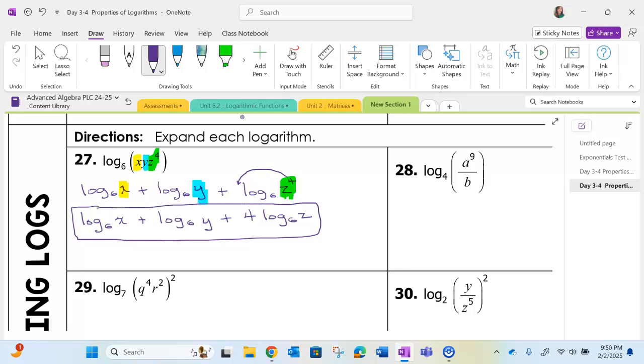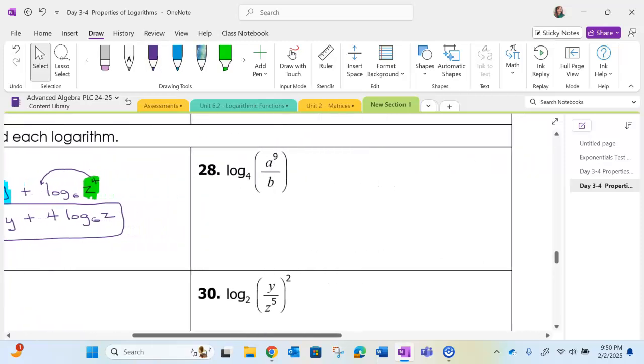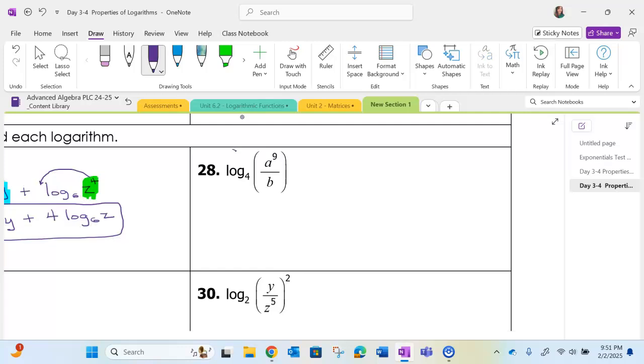Okay? All right, 28. I'm going to do a few of these. 28, we are subtracting here. Okay? We are subtracting 2 things. We have a to the 9th and b, so I only need 2 log base 4s. The a to the 9th has a positive sign, so we're going to write a to the 9th. B is in the denominator, so it better have a minus sign in front of the word log base 4 of b.